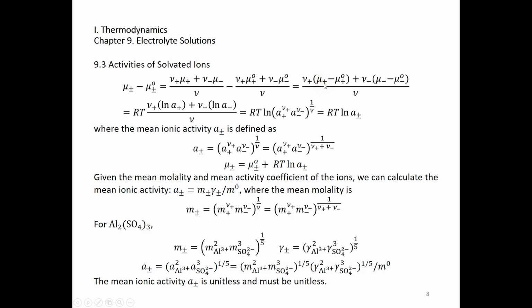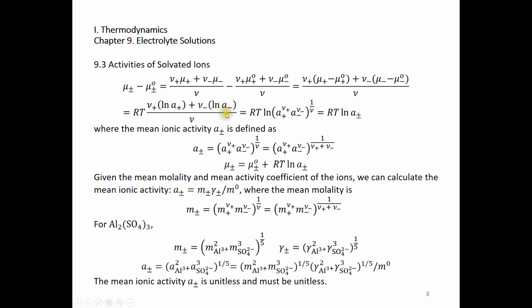Again, mu plus is equal to mu plus naught plus RT times the natural logarithm of the activity of the cation. And over here similarly, mu sub minus minus the standard mu sub minus is RT times the natural logarithm of the activity of the anion.